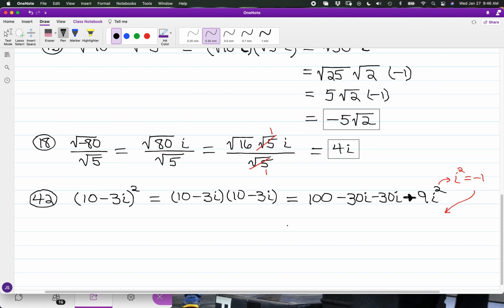And so for the follow through, you've got 100. The outside and inside products are identical, and they will combine to negative 60i. And for 9i squared, this will go to 9 times negative 1.